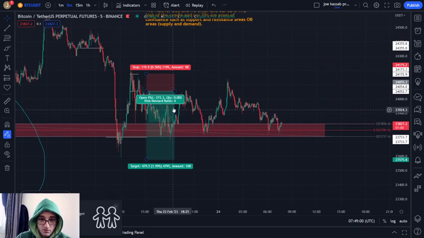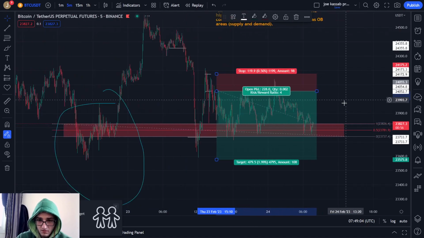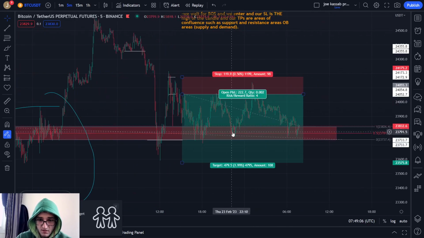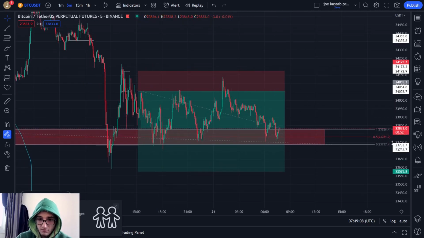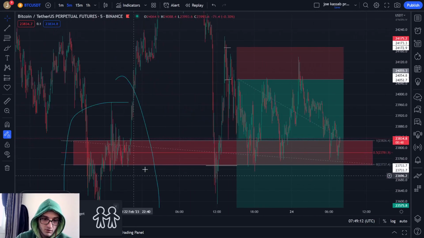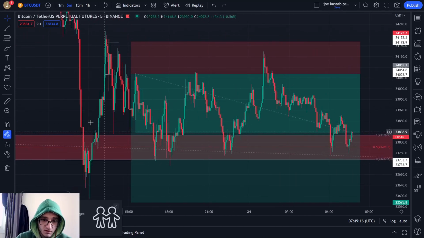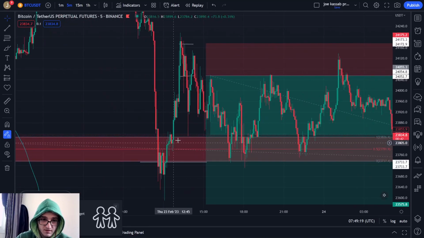Okay, so if you can see, but you need to wait. Okay, because there is a resistance here, so you might wait and you might get stopped. So the area of confluence here is my first TP. As you can see, we have a demand zone here. This order block is a demand zone too.